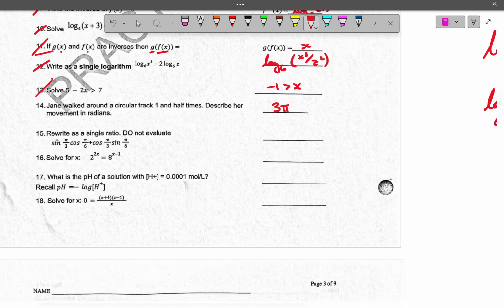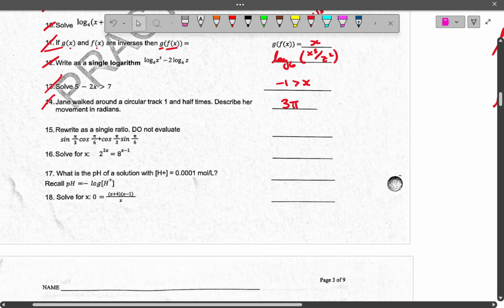This one here is going to be using sine addition and subtraction laws, which I believe is written for you at the bottom. So I'm going to quickly reference that.